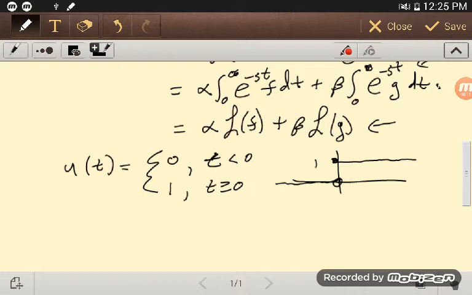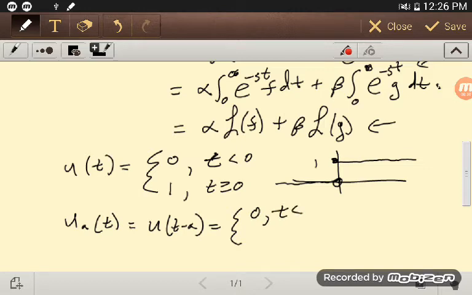And then you can define u_a of t to be u of t minus a. All that does is shove it a units to the right. If a is negative, then it's actually to the left. What happens then is it's 0 when t is strictly less than a, and it's 1 when t is greater than or equal to a.